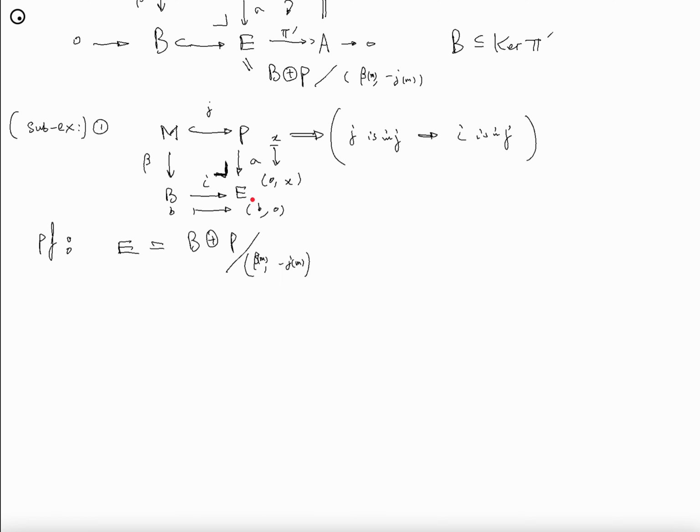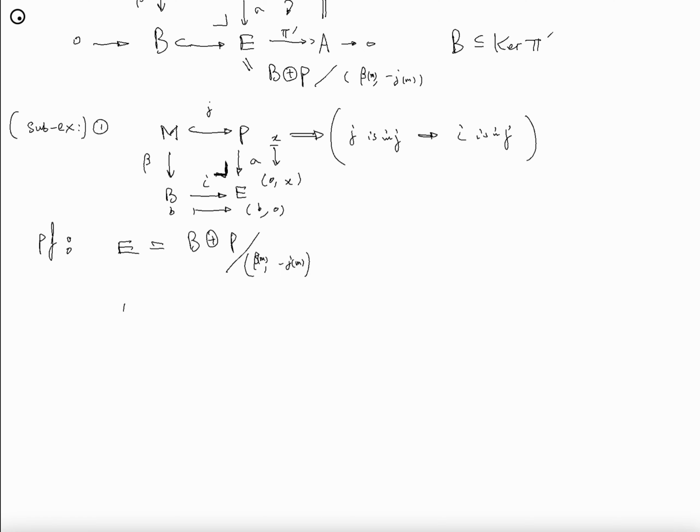So this is exactly E making this diagram commute by its definition, because when elements come from M, here it arrives at J of M, and here it arrives as beta of M, and so (beta M, 0) equals (0, J of M), because beta M minus J of M, their difference is 0 in this module E.